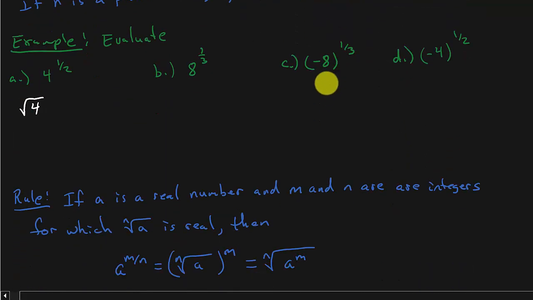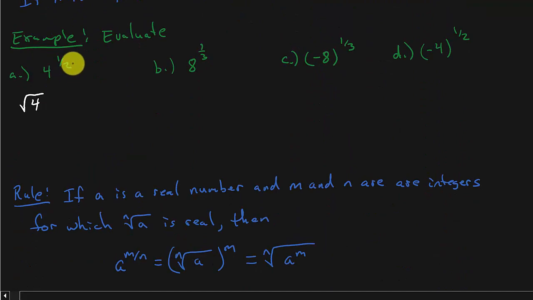In this problem, our denominator is 2, so that 2 becomes the index of this radical. Remember, if the index is 2, we just don't write it. That's square root. And the square root of 4, we know that's 2. This would be your answer here.